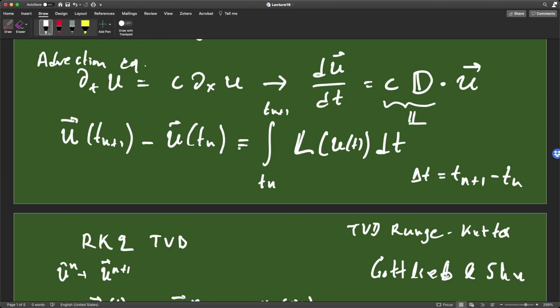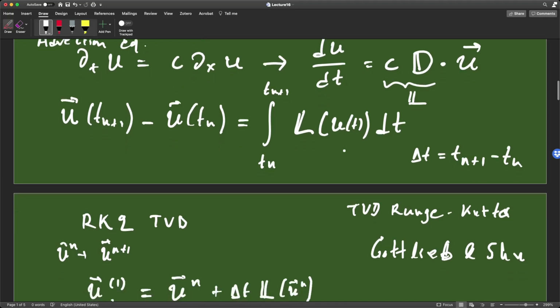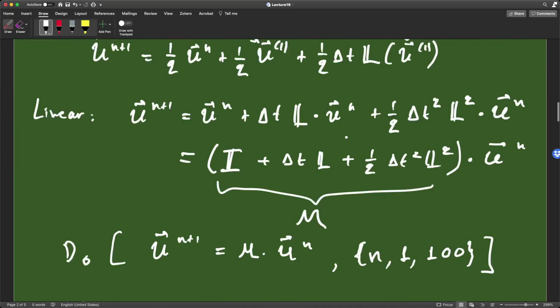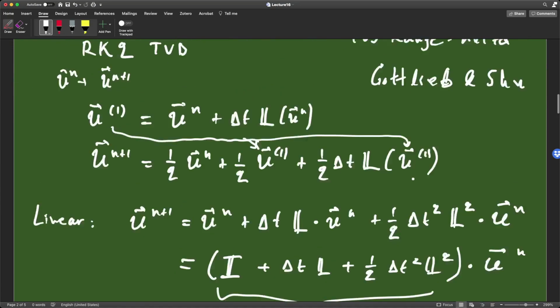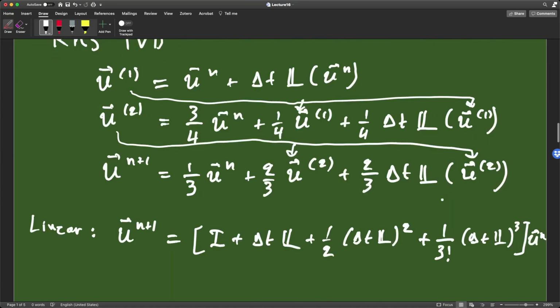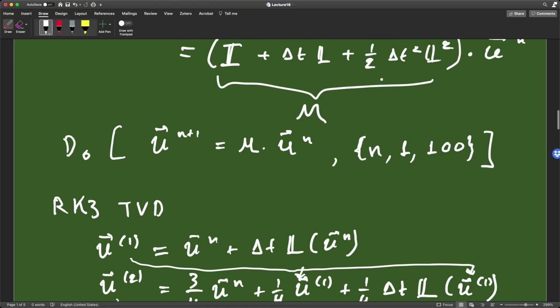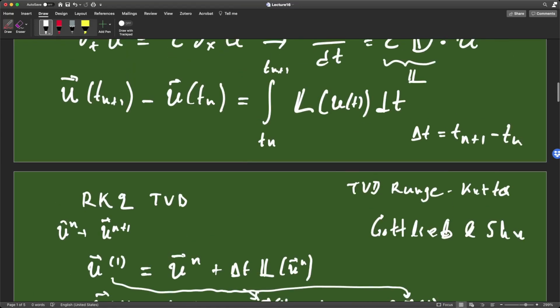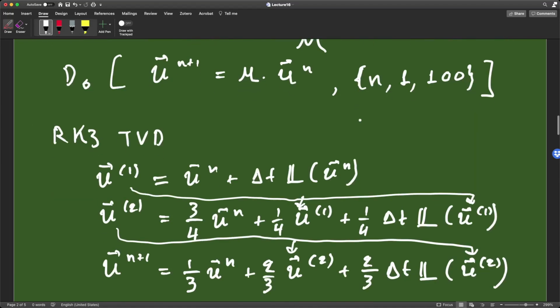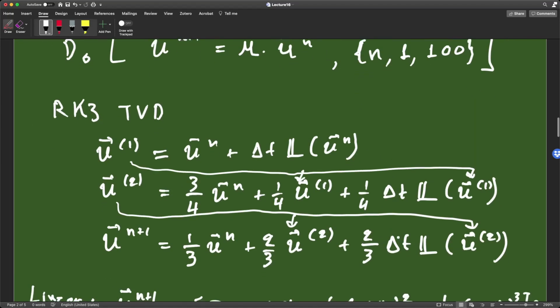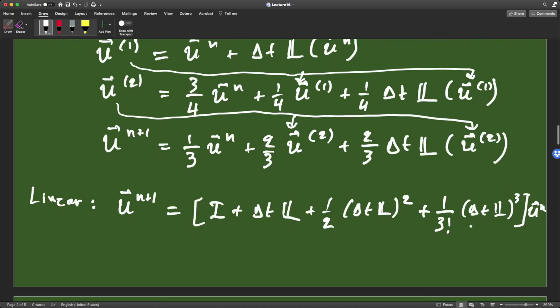It can be pulled out of the integral. So integrating the Taylor expansion of U of t is simply a matter of integrating a polynomial. And the order of the polynomial is one order higher in this case compared to this case. So here we only have to expand U to first order, and here we have to expand U to second order. After we integrate, we will get this expression.